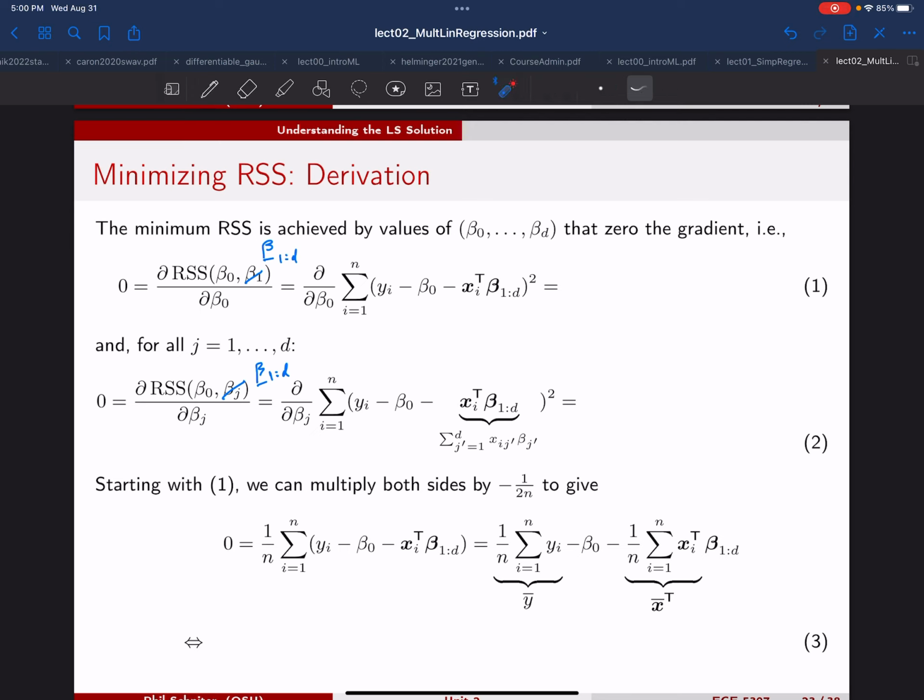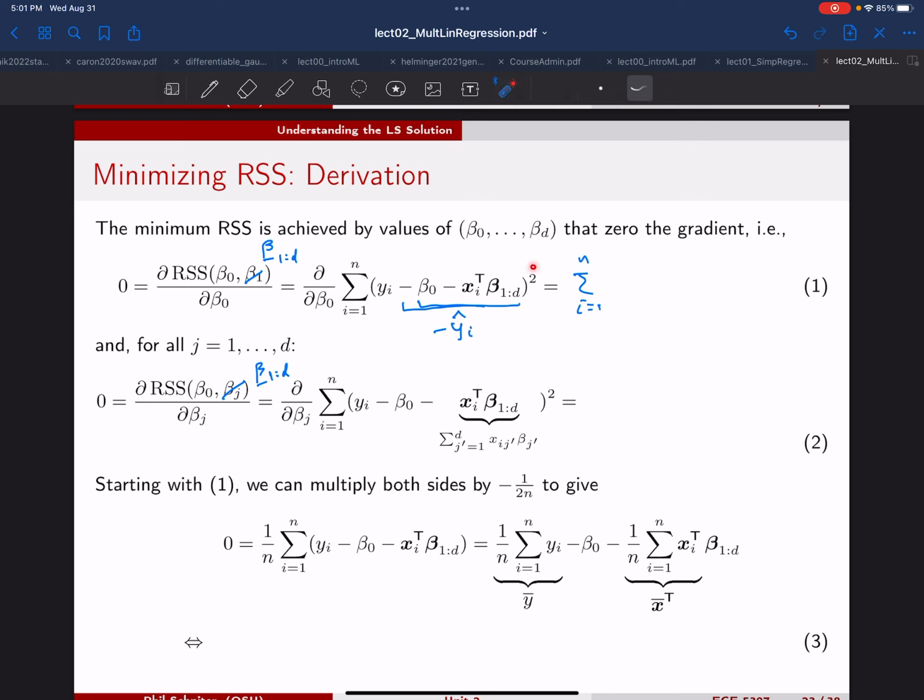Okay, so what we're going to do is take our partial derivative of RSS first with respect to beta naught. If you remember, this is how we are rewriting this whole thing as y_i minus y_i hat. So we're splitting that into minus the intercept minus the effect of the slope coefficients. Now we want to take the partial derivative with respect to beta naught. So we use the chain rule. We move this through the sum. That gives us the sum from i equals 1 to n.